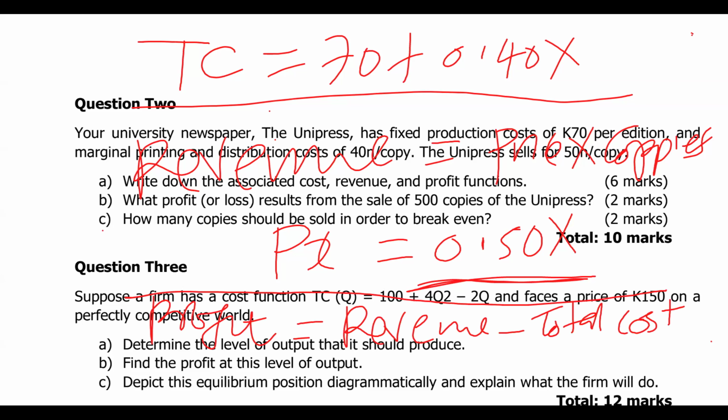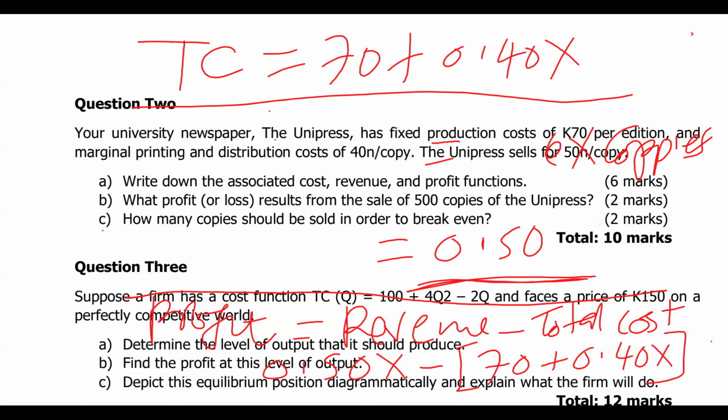We already know our revenue is 0.50X minus the whole cost function, 70 plus 0.40X. We close that. That's the whole cost function, and so we are going to simplify this to find the profit function.